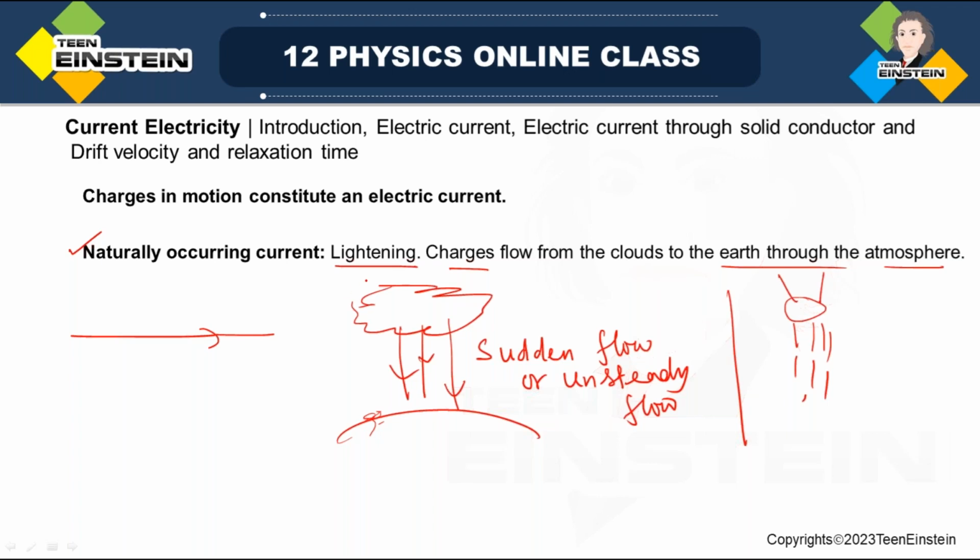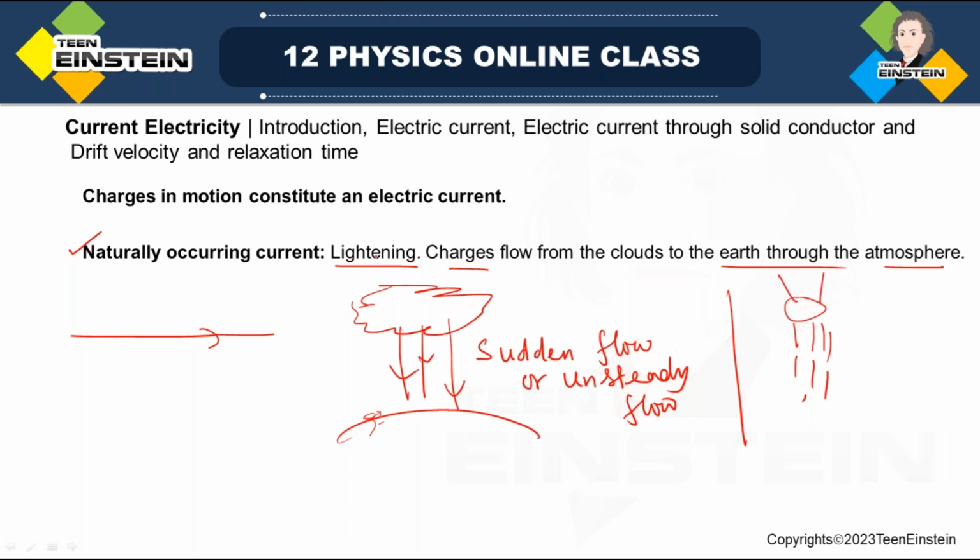So that's why the current we get naturally during lightning, we cannot use in our household devices. But obviously human beings are very curious and very intelligent, to make everything useful in their life.